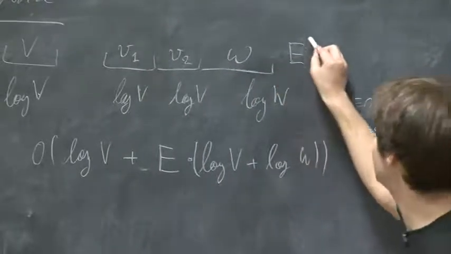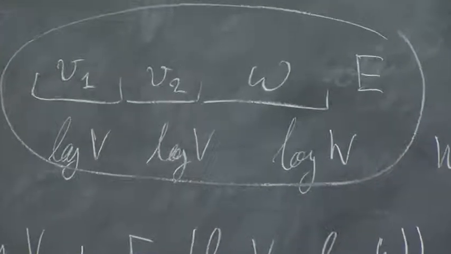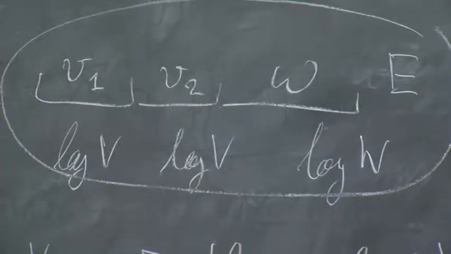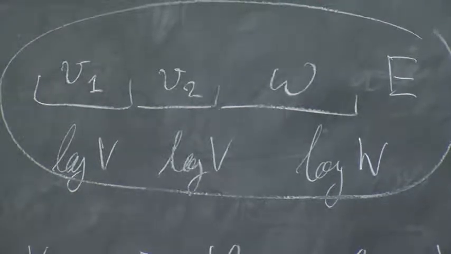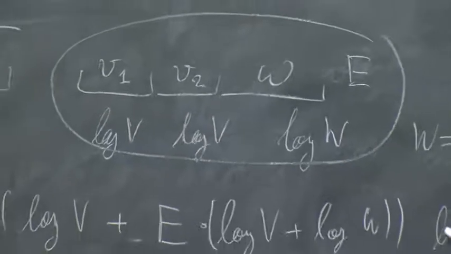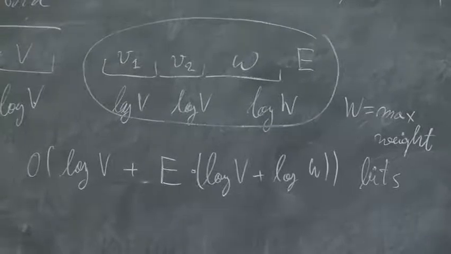Oh, I see. So each edge has these fields. So this is the entire graph as a list of numbers, and this is how many bits it takes to represent the graph in a reasonably compact representation.